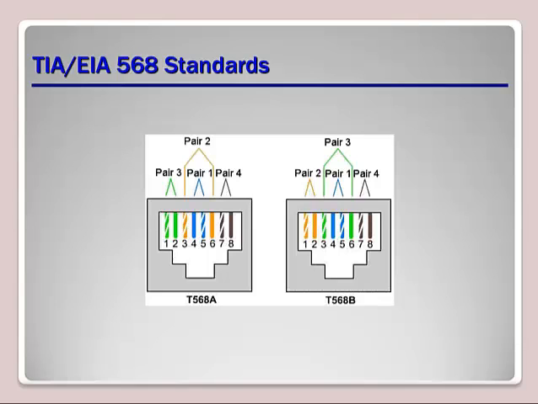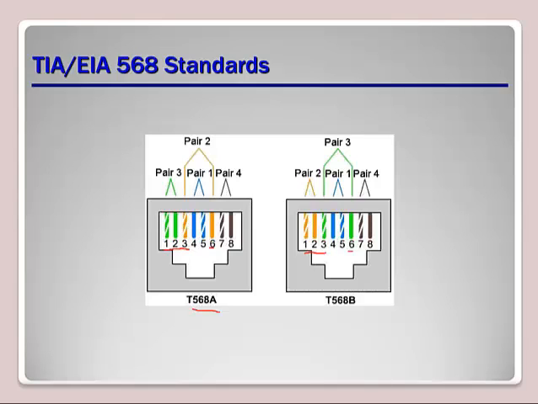Okay, so go ahead and take a look here at this jack pinout standards. So the 568A, you can see that pins 1, 2, 3, and 6, so these guys right here and this guy right here, are using green-white, green, orange-white, orange, okay? And then on the T568B, you're going to see that we're using 1, 2, 3, and 6 as well, but it's a little different.